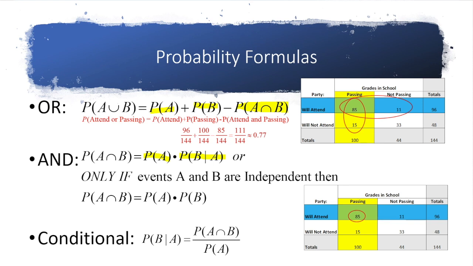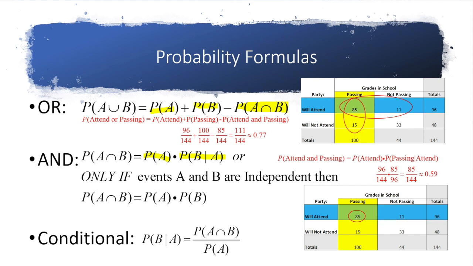So if we look at our table again, the probability of both events, passing and will attend, would be 85 out of 144. So if we do that with the formula, we would have 96 out of 144 who will attend, and then 85 out of 96 are passing given that they will attend.